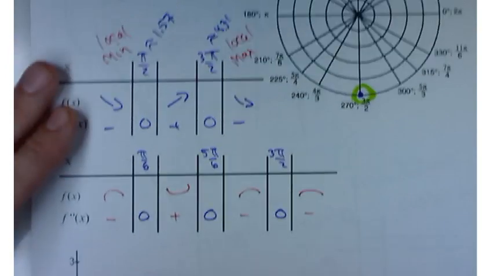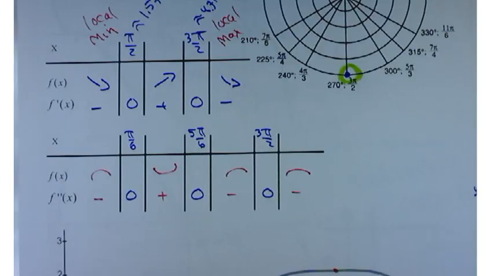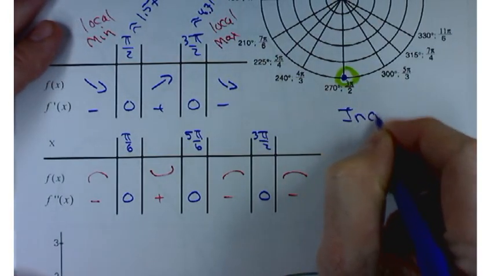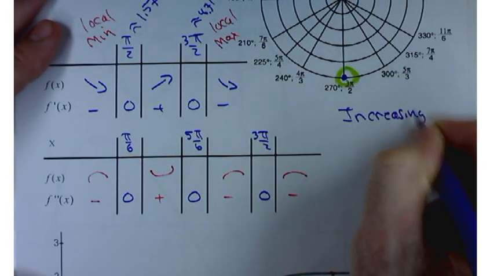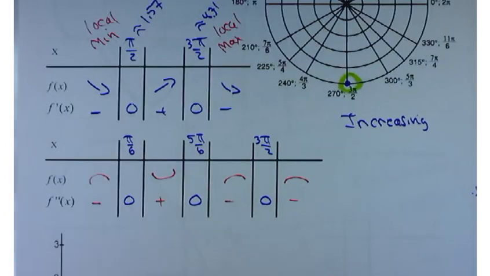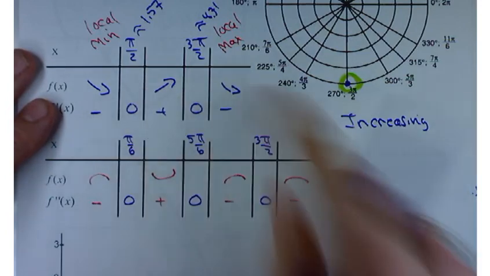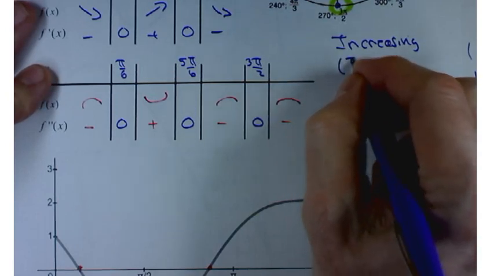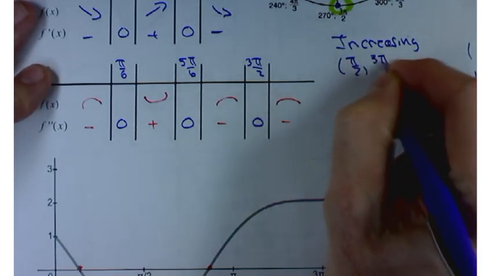Let's put this all together as a final answer. In terms of increasing, the function is increasing from pi over 2 to 3 pi over 2. That makes sense. That's this interval right here. So pi over 2 to 3 pi over 2.